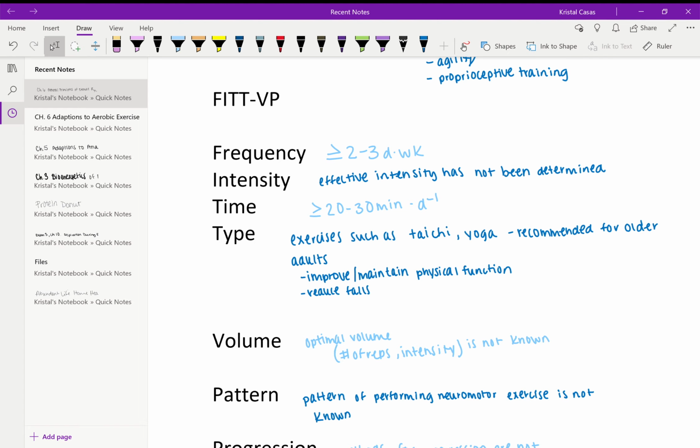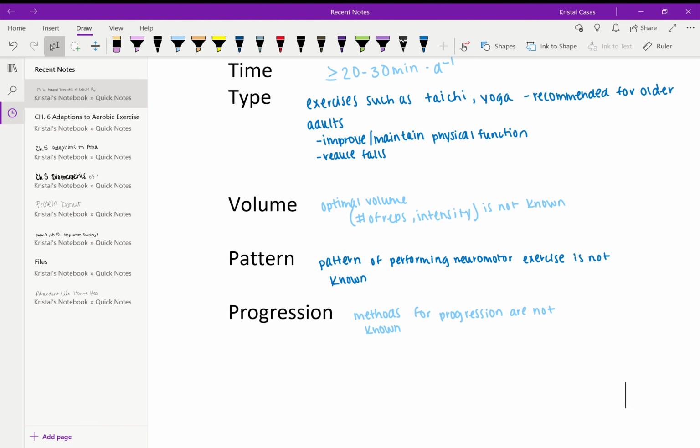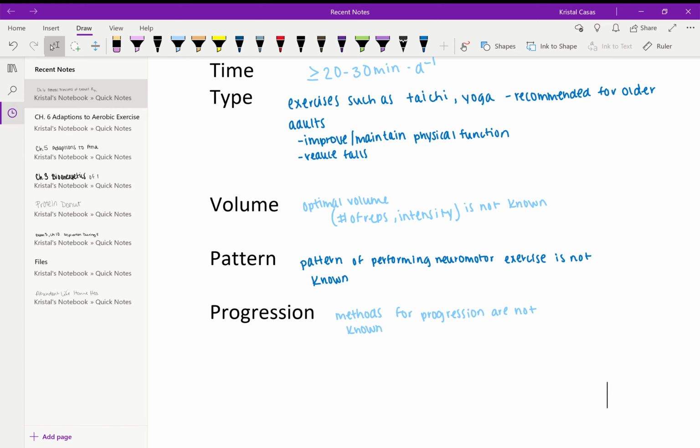Type, exercises such as Tai Chi or yoga are recommended for older adults, and they also help with the reduction of falls. There's optimal volume; the number of reps and intensity is not known yet. Pattern hasn't really been determined for this, and progressions are also not known yet.